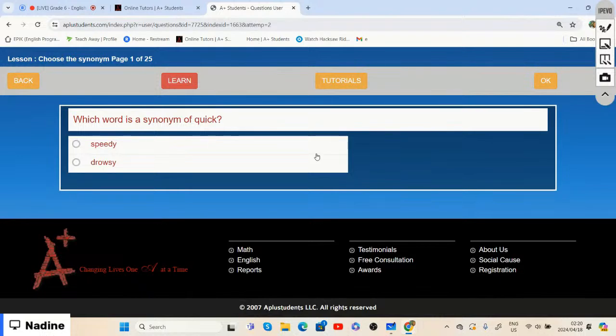Is it speedy or is it drowsy? The same as quick. Speedy or drowsy?